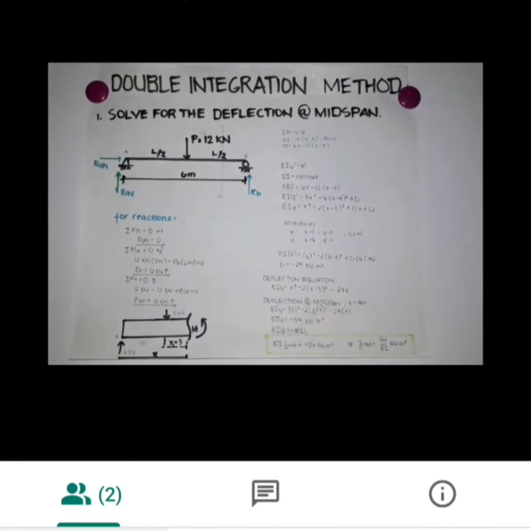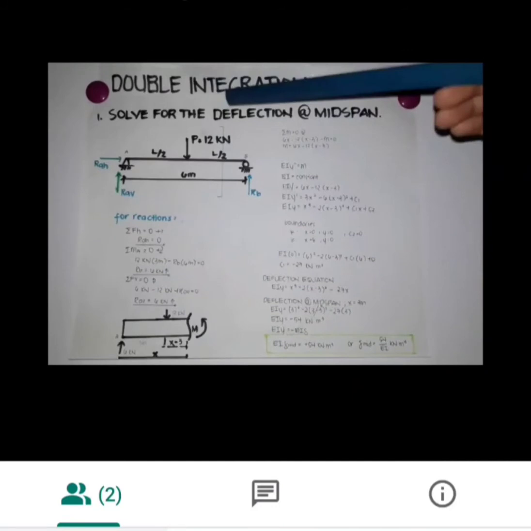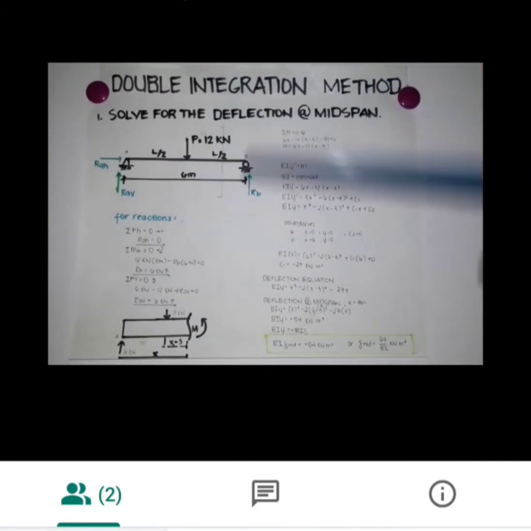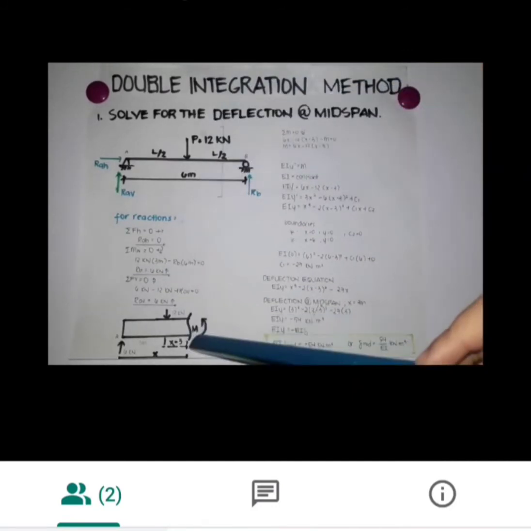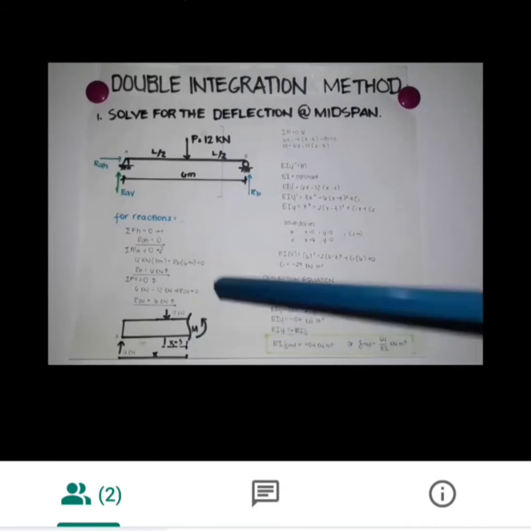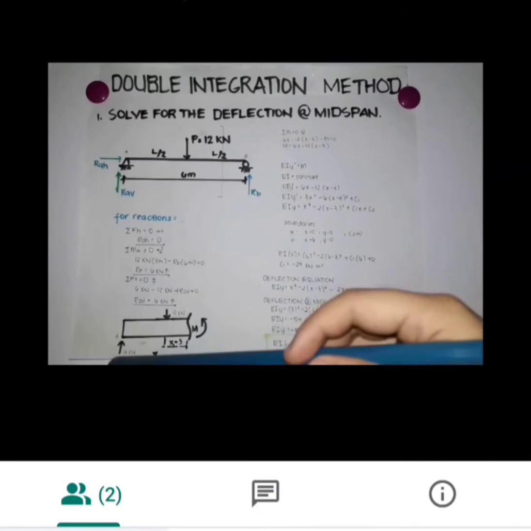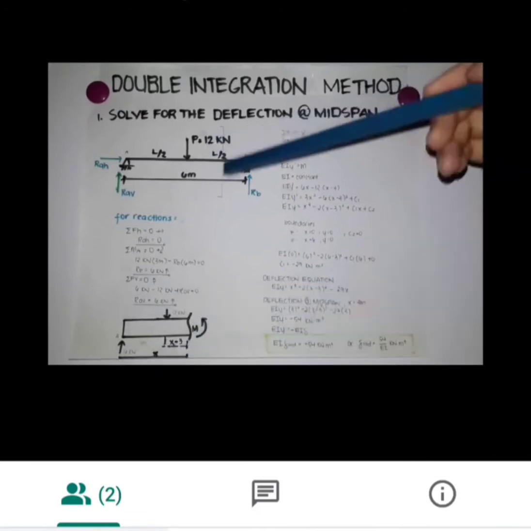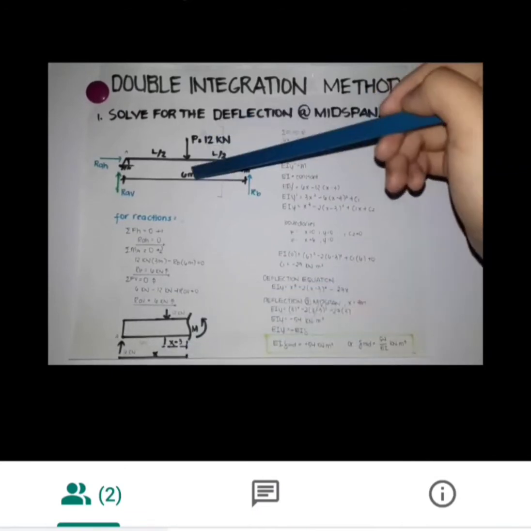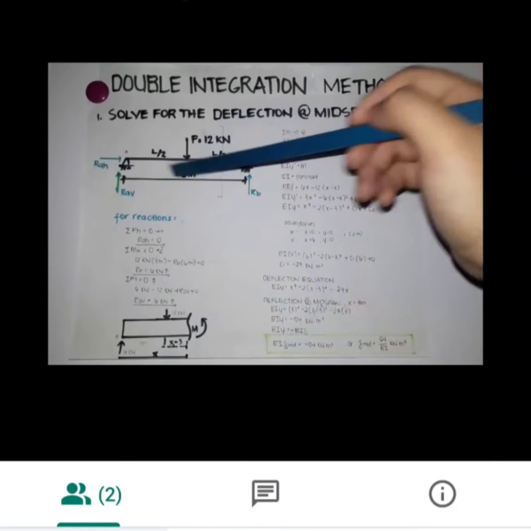So next step is ikakat na natin yung beam arbitrarily sa part na to. Magiging ganito yung diagram niya. Ikakopy lang natin yung mga forces dito sa left part, yung nakat na beam.